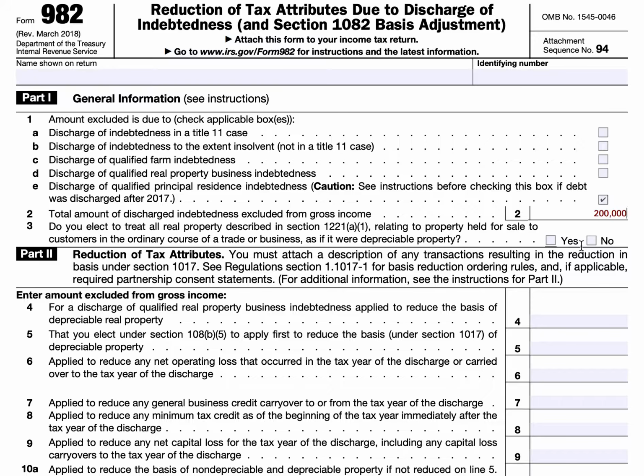We're discharging debt related to a qualified principal residence as opposed to real property used in the course of trade or business or held for sale. So real estate agents may consider using line 3, or companies that own multiple parcels of real estate, but most individual taxpayers would not.